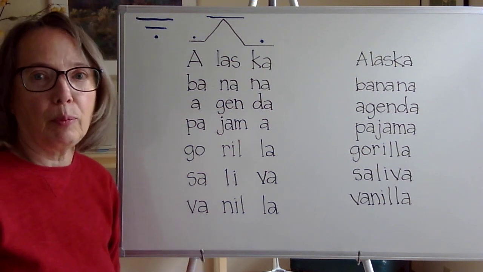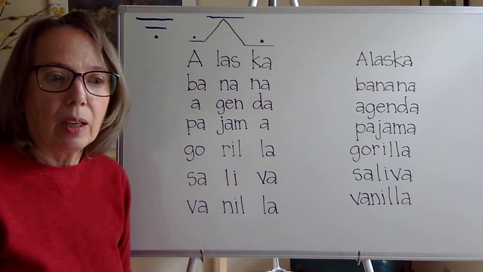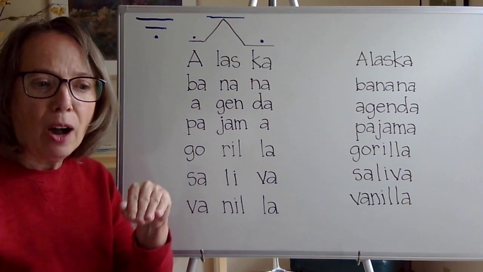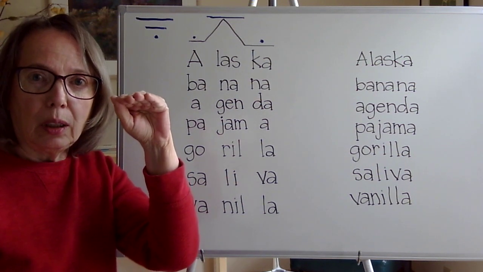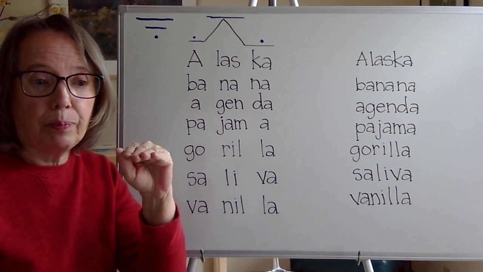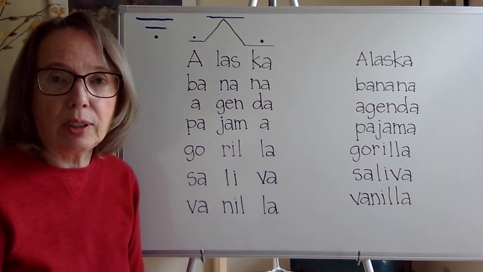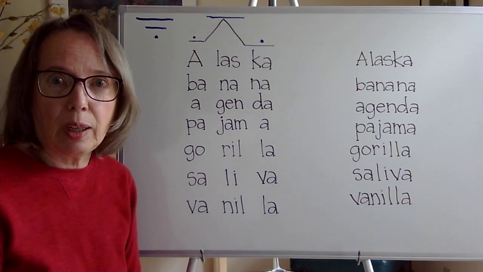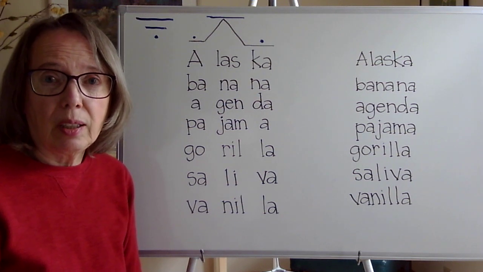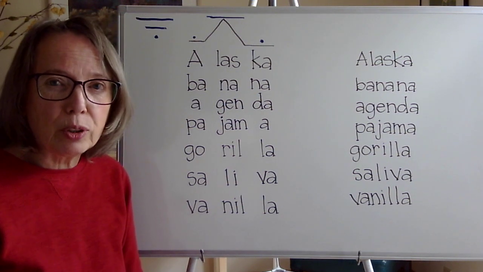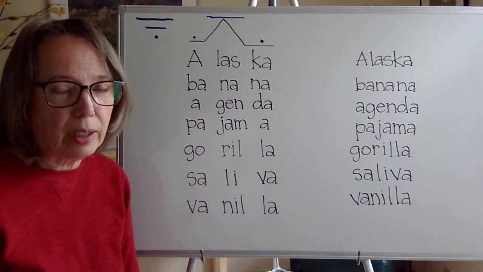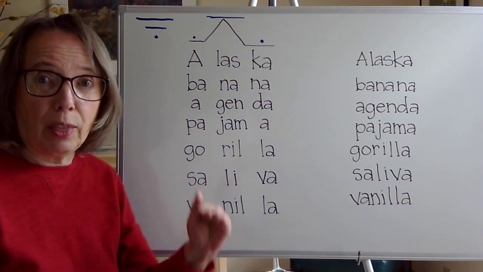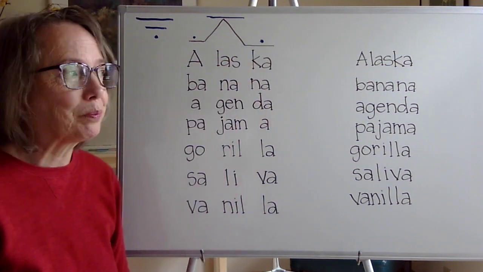And the weak stress here are both schwa. So when I say these words, it's good to listen to hear how much I go up and down, strong and weak. Because usually, even if people are aware of schwa and primary stress, they may not make it strong enough or different enough to really hear it. So I'm going to read these words so you can listen and hear the big jump in the middle.